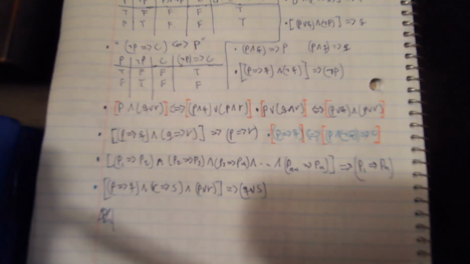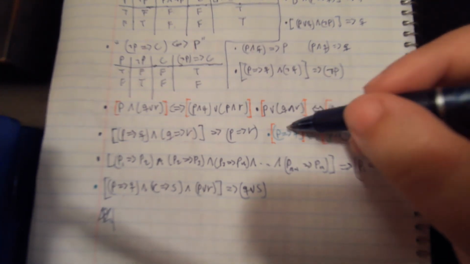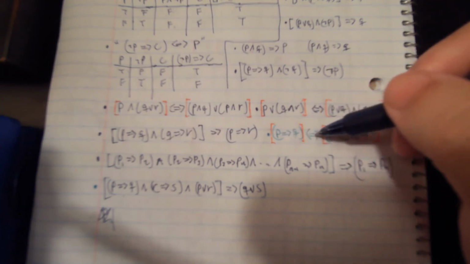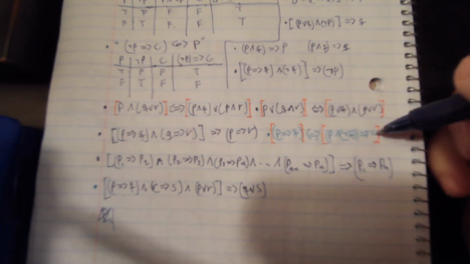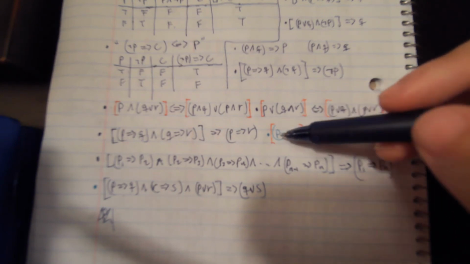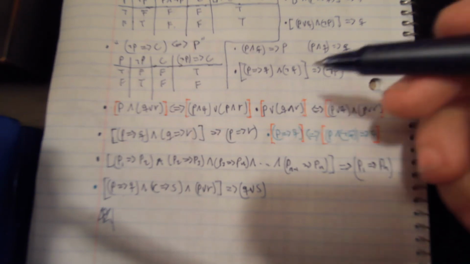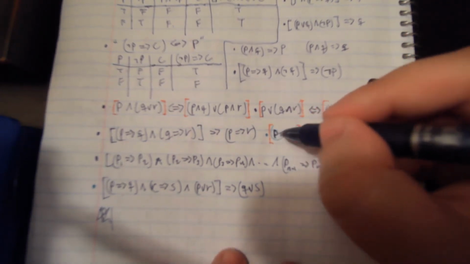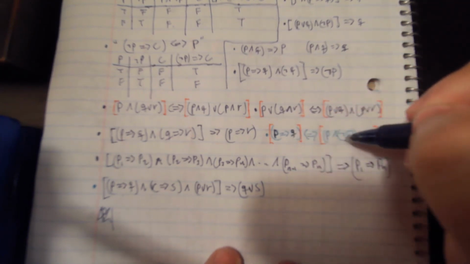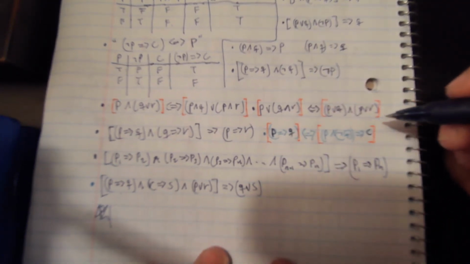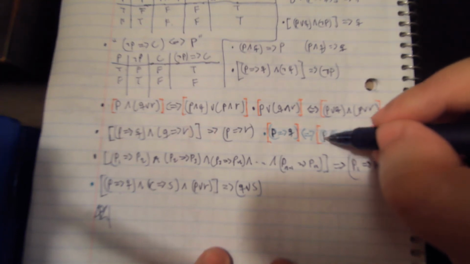It's about having the want for it, the drive for it. So P and Q, if and only if P and not Q implies a contradiction, right? If you decide to do this one, remember that when you do the truth table, the C needs to be false throughout, because it's a contradiction.